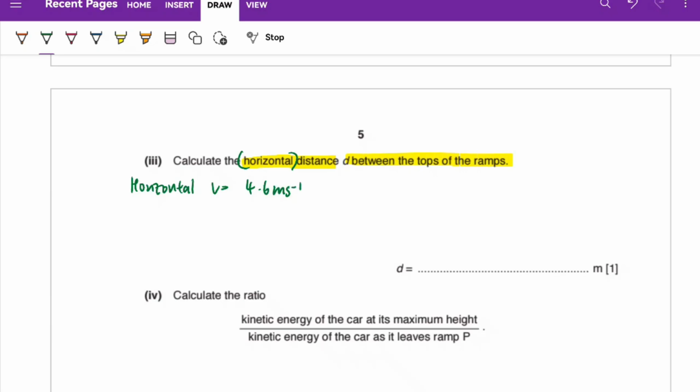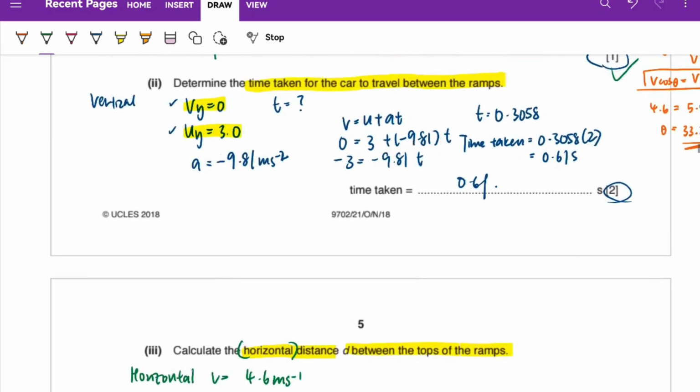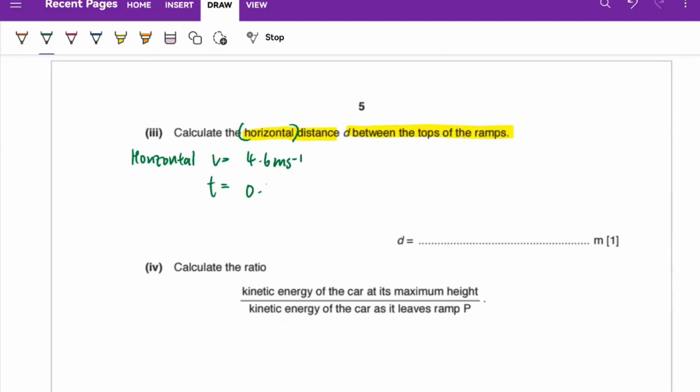Our time taken is 0.61. Whether it is vertically or horizontally, you're going to have the same time. You're still going to start and end at the same place. Time will not change. The difference is the velocity that will change, which is the horizontal and the vertical here.